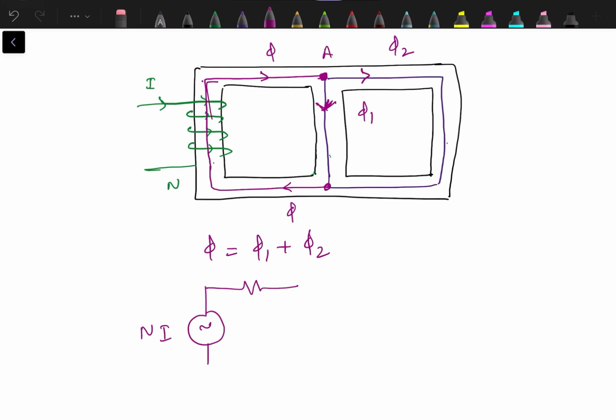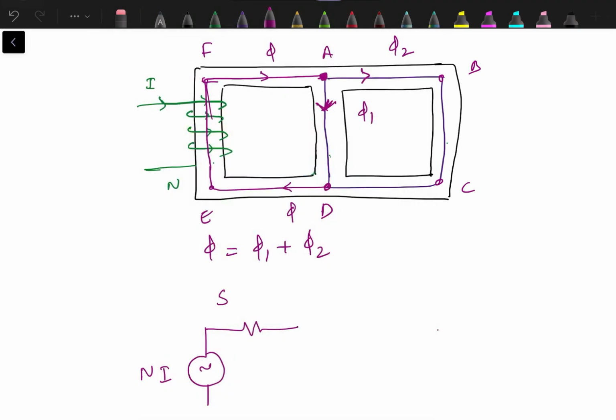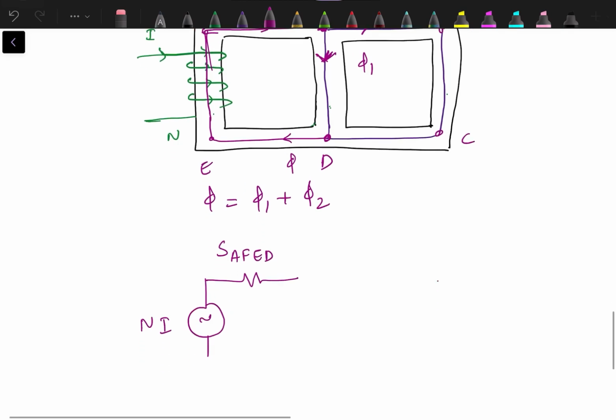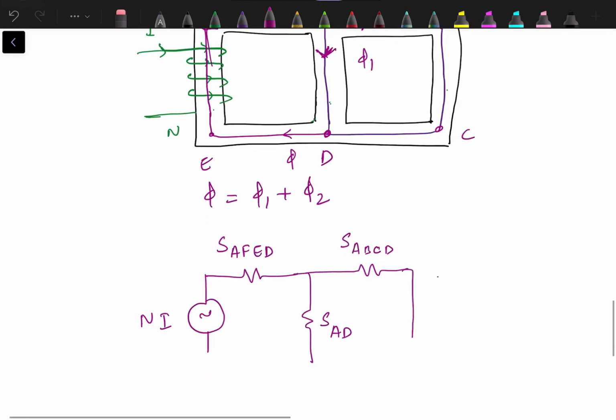If this point is A, this one is B, this one is C, D, E, and F. Then this is the reluctance S, A, F, E, D, reluctance from A to D. Then we will have reluctance from A to D. Then the reluctance is A, B, C, D. Flux phi, phi 1, phi 2.